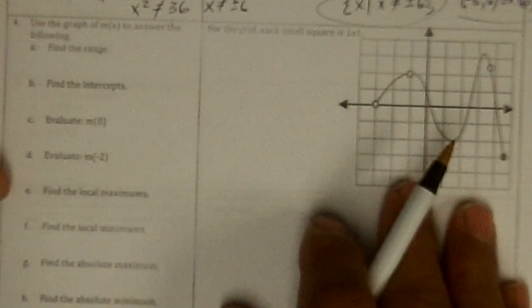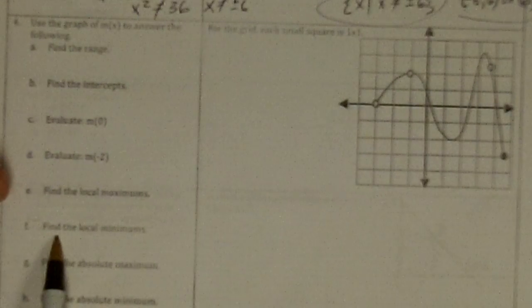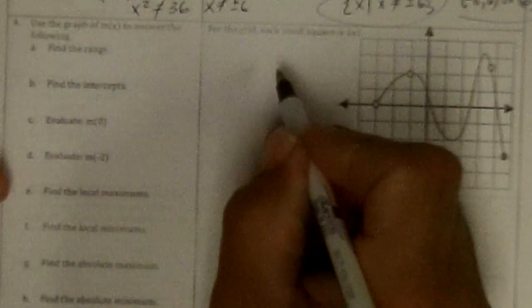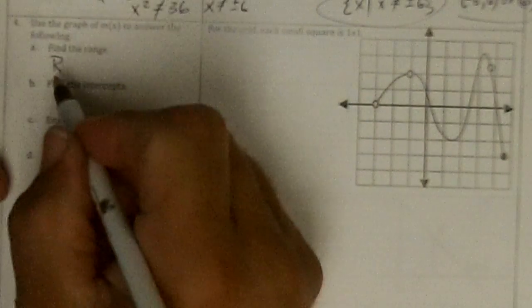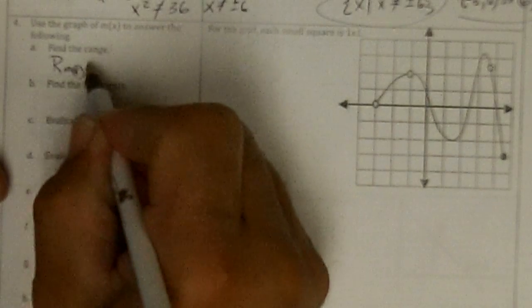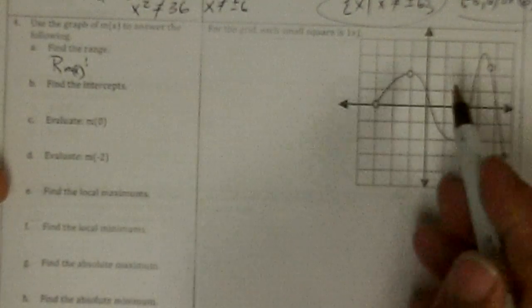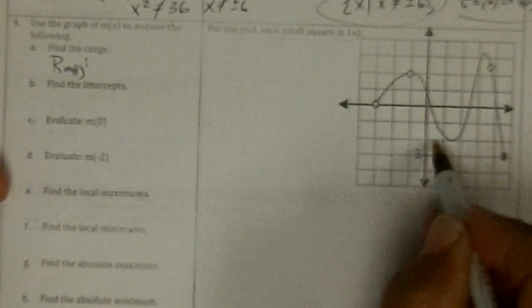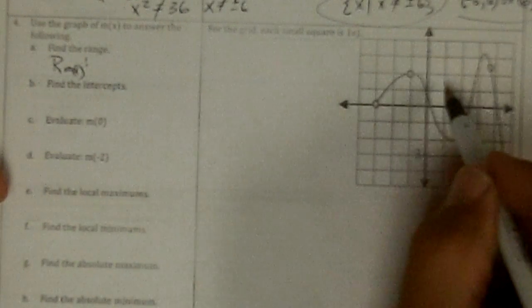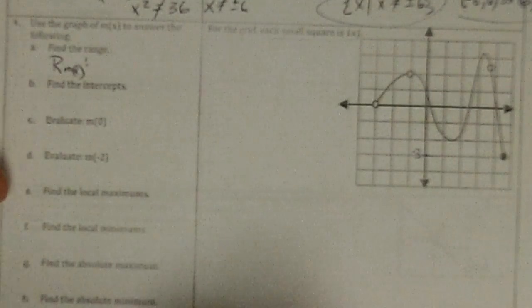Okay, find the range of this function. So the range is the y values, so the range of m of x goes from a low value of negative, and it said the grid is all ones, so that's from negative 3 all the way up to about 3.3.